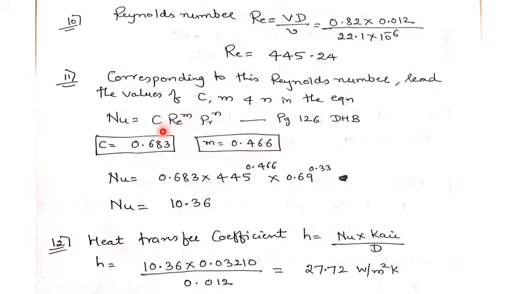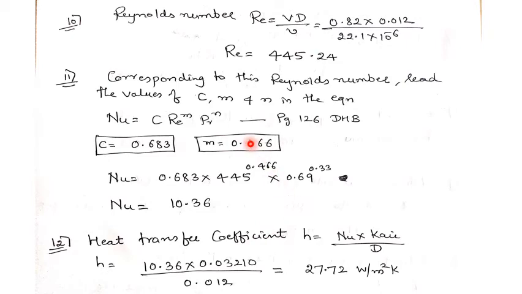So we'll substitute this C value and M value in this equation. So C is 0.683, Reynolds number is 445, M is 0.466, Prandtl number is 0.69, and N value is 0.33. So my Nusselt number is 10.36.